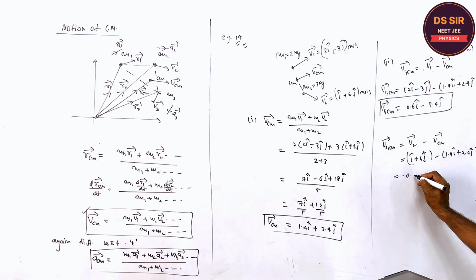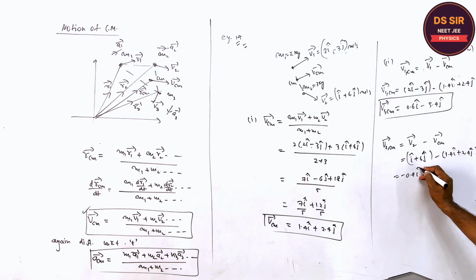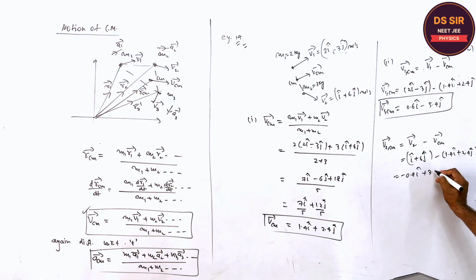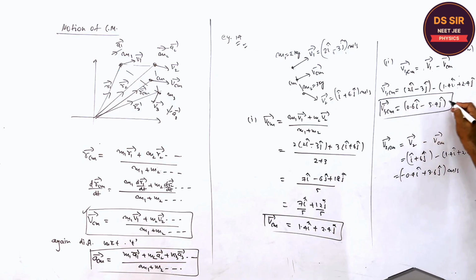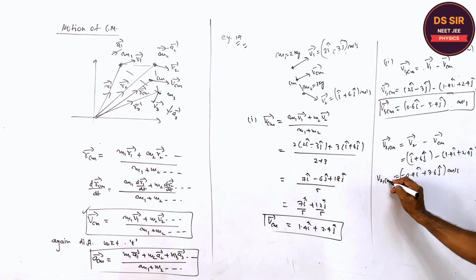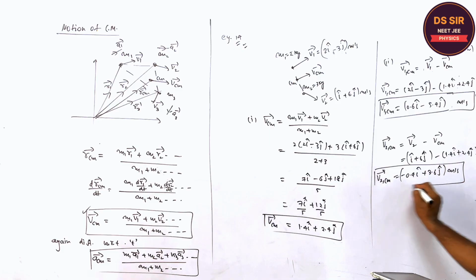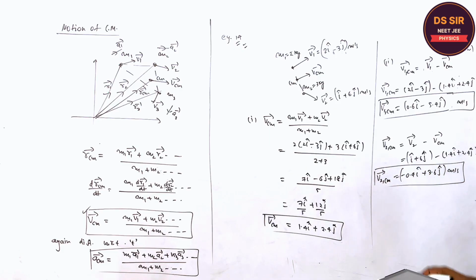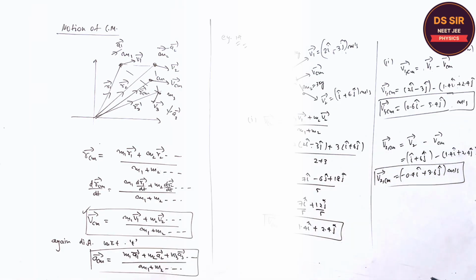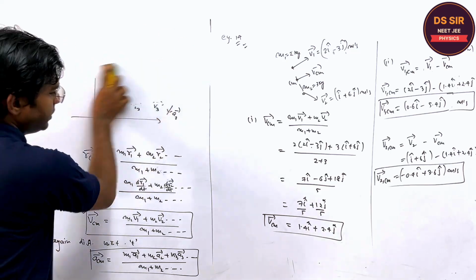It is minus 0.4i cap plus 3.6j cap, also in meter per second. So this is the velocity of particle 2 with respect to center of mass. Understood? Please copy this.